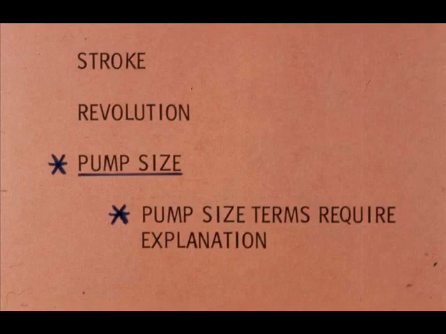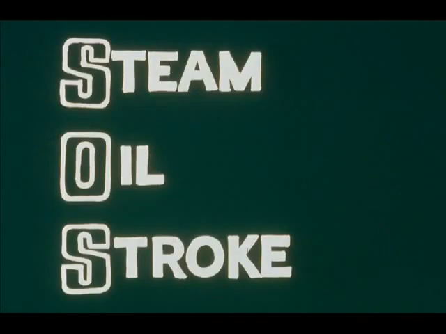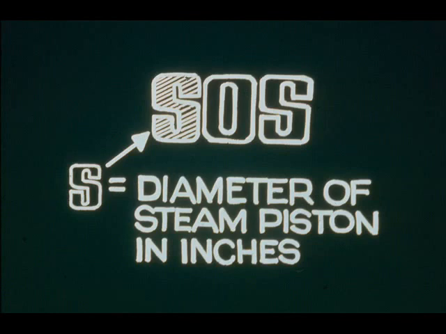Steam-driven reciprocating pump sizes are expressed in terms that require explanation. Sizes are expressed in such terms as 12 by 10 by 18 or 4 by 3 by 5. It's easy to remember what the numbers mean if you remember SOS: steam, oil, stroke. The first number is the diameter of the steam piston in inches.